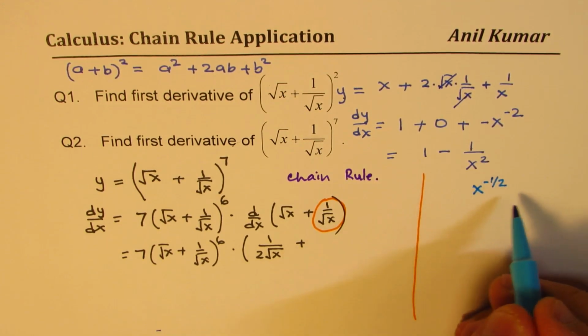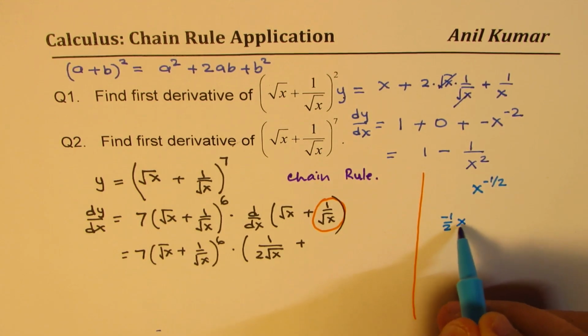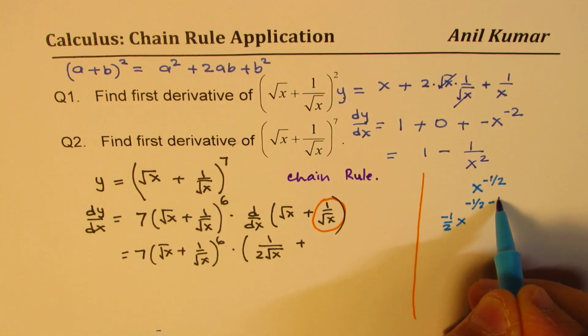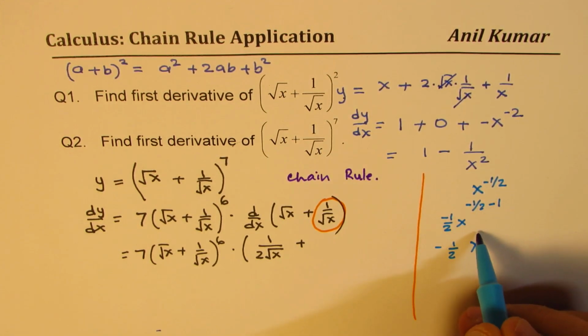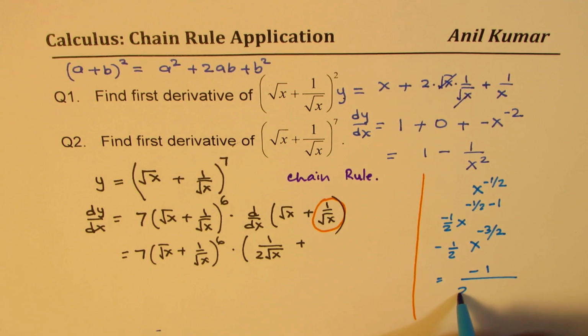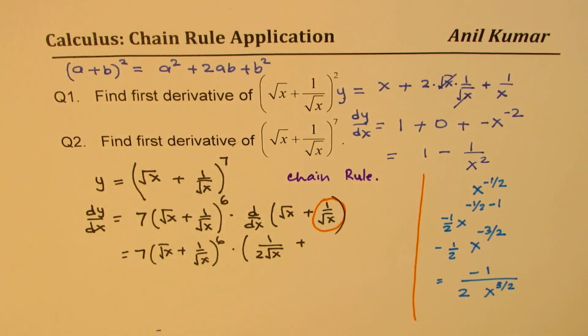So when I take the derivative, it will be minus half x to the power of minus half minus 1, which is minus half x to the power of minus 3 by 2, correct? Or it can be written as minus 1 over 2 times x to the power of 3 by 2. Is that clear to you? So that becomes the derivative of this portion.